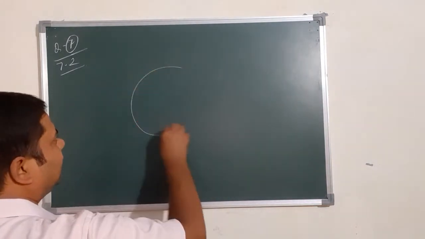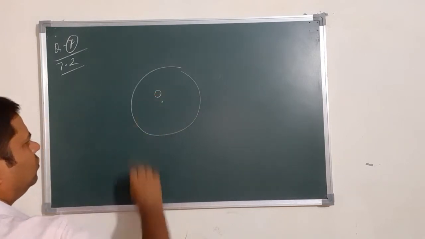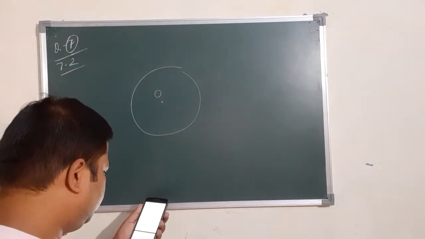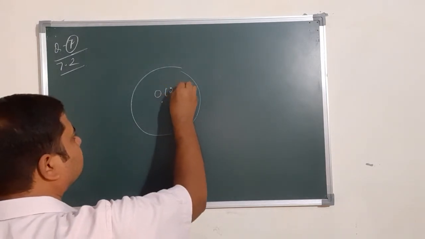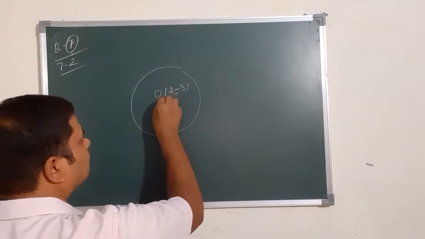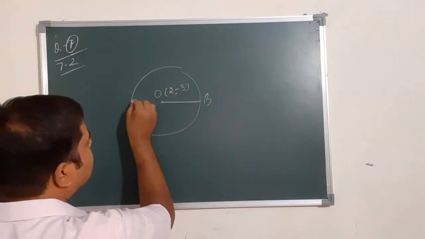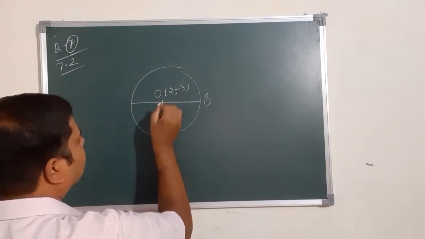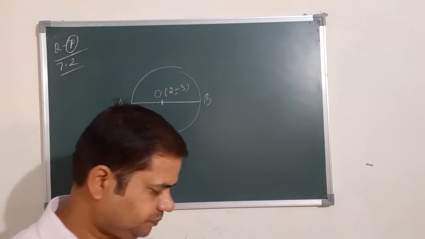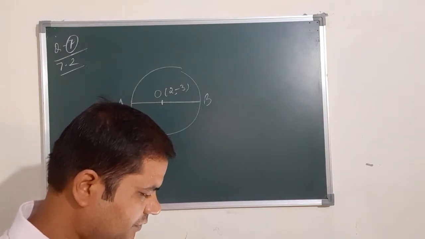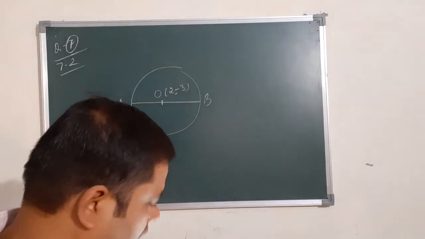We have a circle whose center is O, which is (2, -3). One end of the diameter is B, the other end is A. B is given as (1, 4).